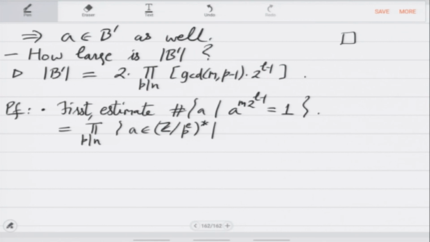How many A's are there in this subgroup? This is a subgroup of Z mod n star, right? So we are doing Chinese remaindering. So how many A's are in this such that A raised to M2^(L-1) is 1 mod P raised to E, product over this number.